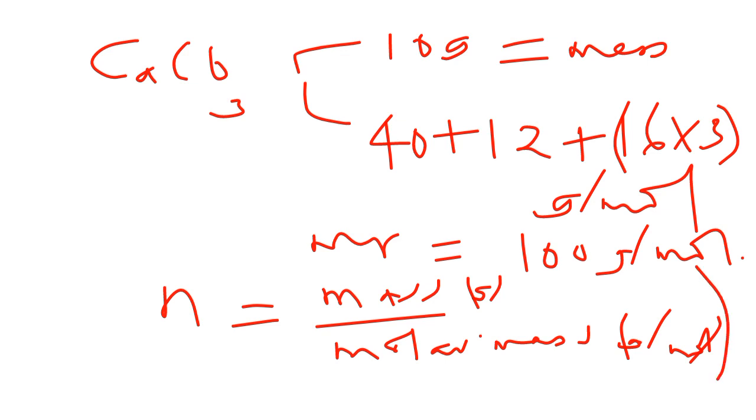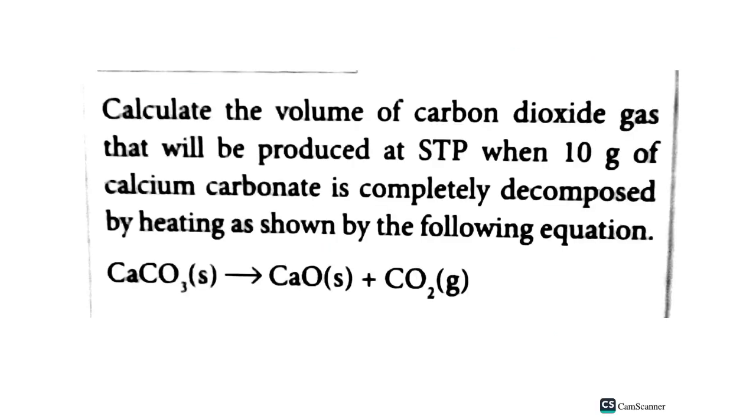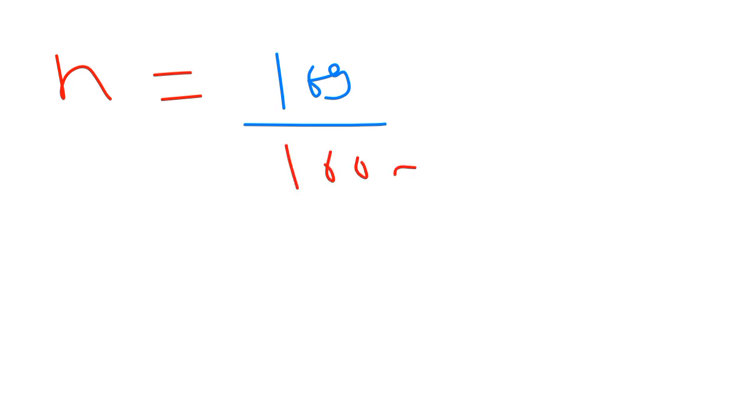Now we look at the number of moles of calcium carbonate that will be used to yield carbon dioxide, using the stoichiometric coefficient from the balanced chemical equation, in order to find the volume at STP. Number of moles is equal to the mass, 10 grams, divided by the molar mass, 100 gram per mole.